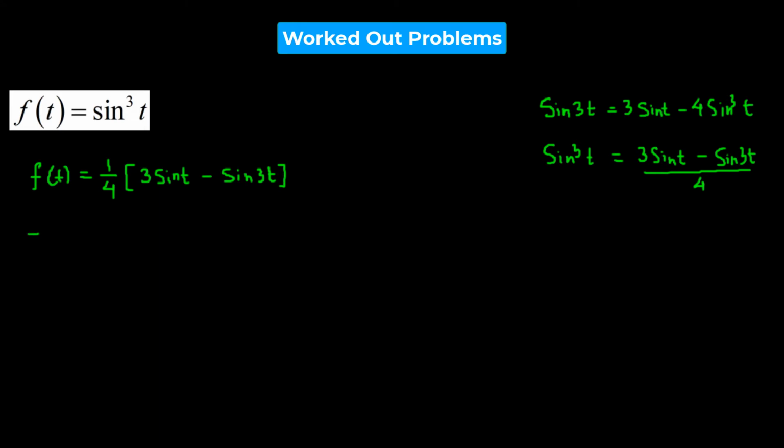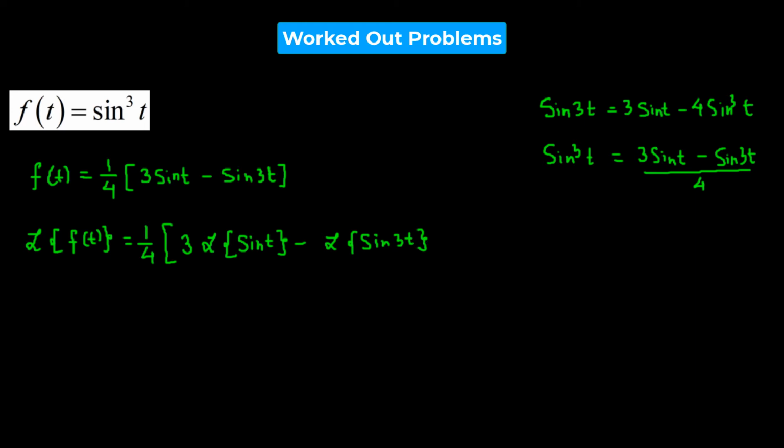Now let us apply the Laplace transform. The Laplace transform of f of t will be equal to 1 over 4 times (3 times the Laplace transform of sin t minus the Laplace transform of sin 3t). Here we have used the property of linearity of the Laplace transform.